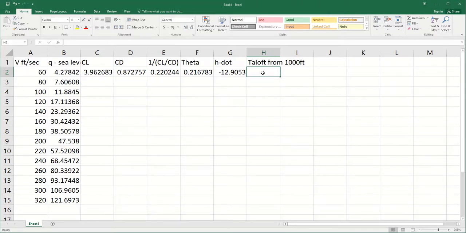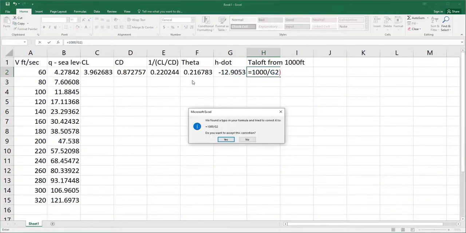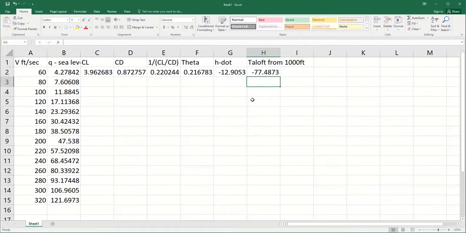All right, so the time aloft is equal to, we said we were doing this from 1,000 feet. Oh, I didn't mess up.